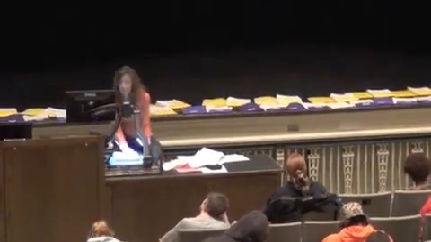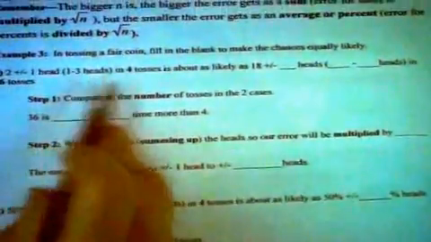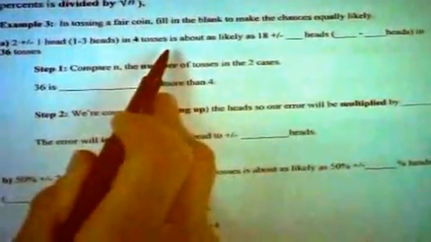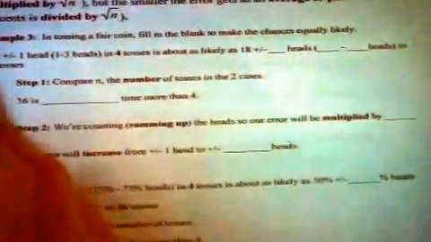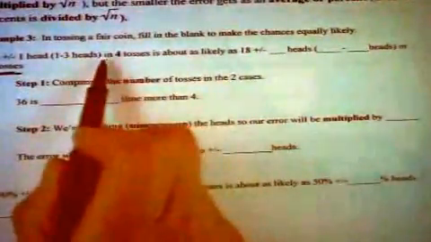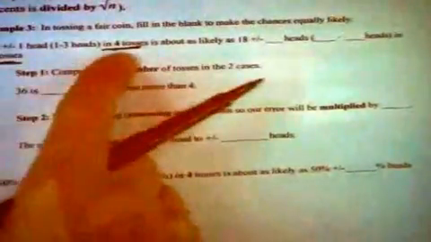So let's do these problems. In tossing a fair coin, fill in the blank to make the chances equally likely. 2 plus or minus 1 heads in 4 tosses is about as equally likely as 18 plus or minus 1 in 36 tosses. So think about the number of tosses.